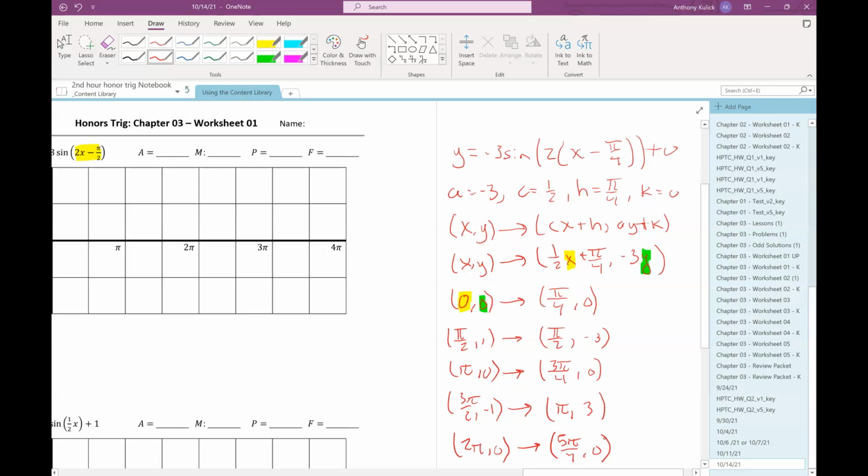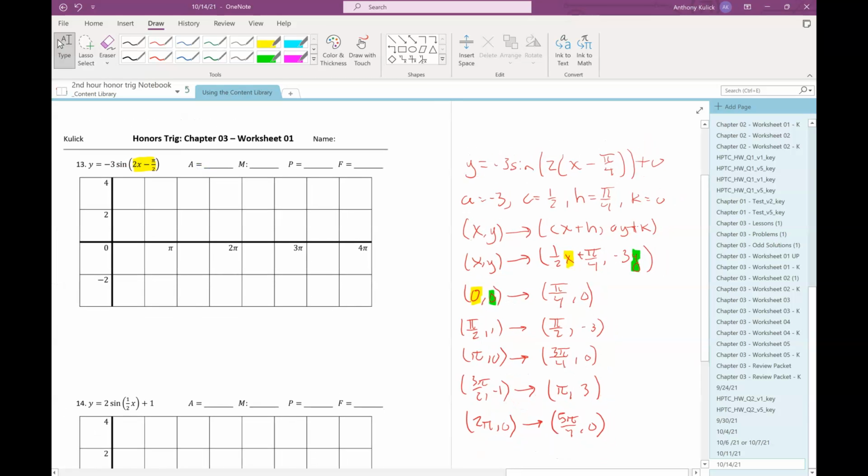And I just did the arithmetic in my head, but I'm basically just adding fractions for the x coordinates. Still doing okay? Okay.